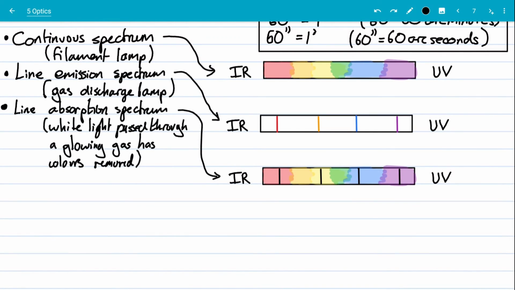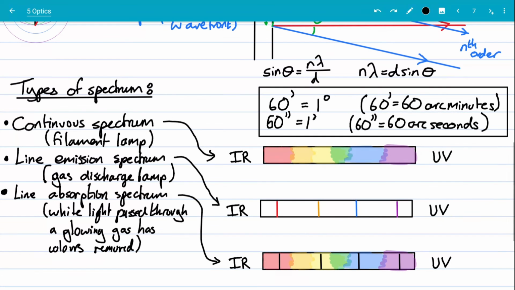But if you used a source, some sort of gas that glowed with a line spectrum like you can see here, then you pass that light through a single slit to produce the line, then pass that through a diffraction grating. Then you look at the first, second, third, or so on order. What you would see is the lines spread out.